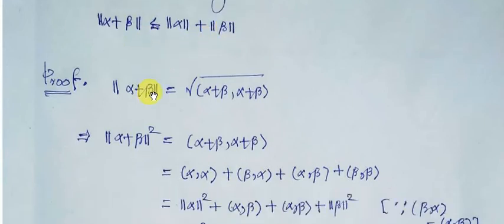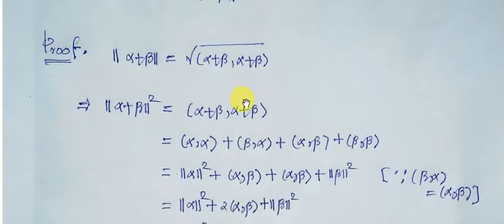Recapitulate the definition of the norm as we discussed in our previous class. Norm alpha plus beta is actually the positive square root of the functional value alpha plus beta comma alpha plus beta. This is the definition of the norm as we have already learned.